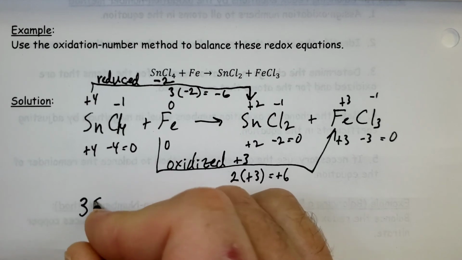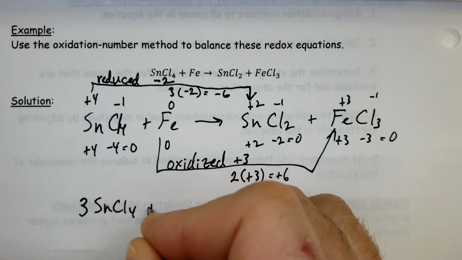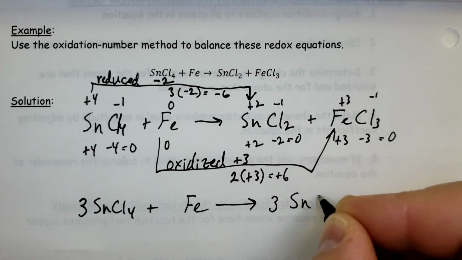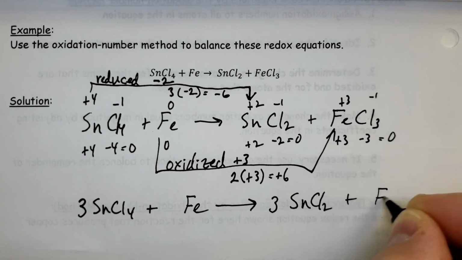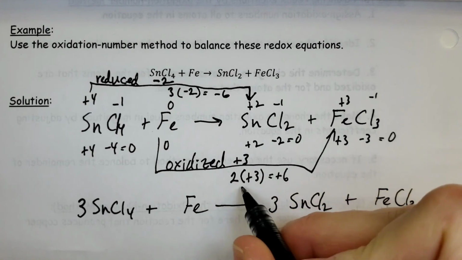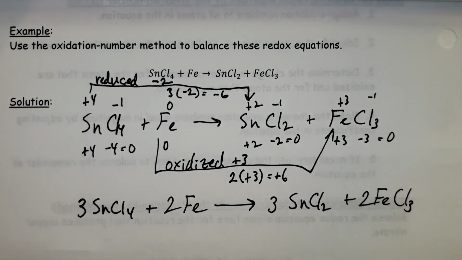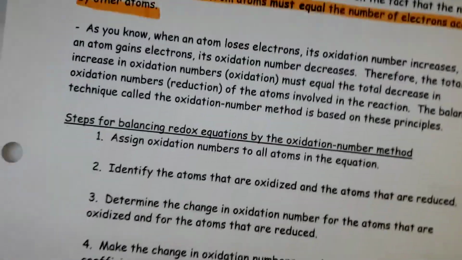So we'll put 3 here. And over here, of course, we need to double the irons. There we go.